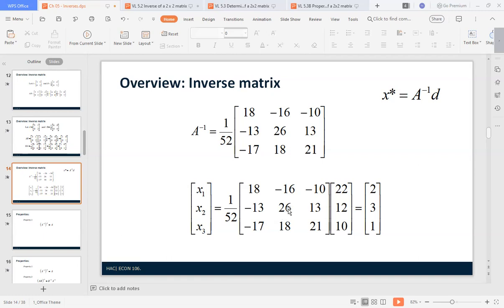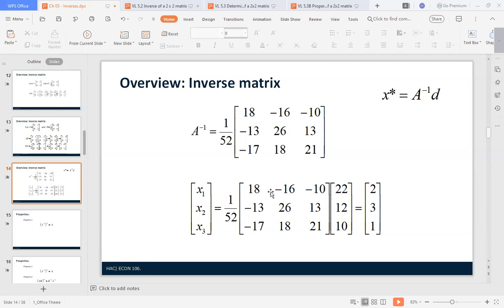The reason that we're doing inverse matrix, other than the one I mentioned last time, is that this is a far more appropriate method. If we are dealing with 3 equations, 4 equations, and so on, it would be hard to just use elimination or substitution method, right? So you will need to do a matrix method just to get the values for x1, x2, and x3.